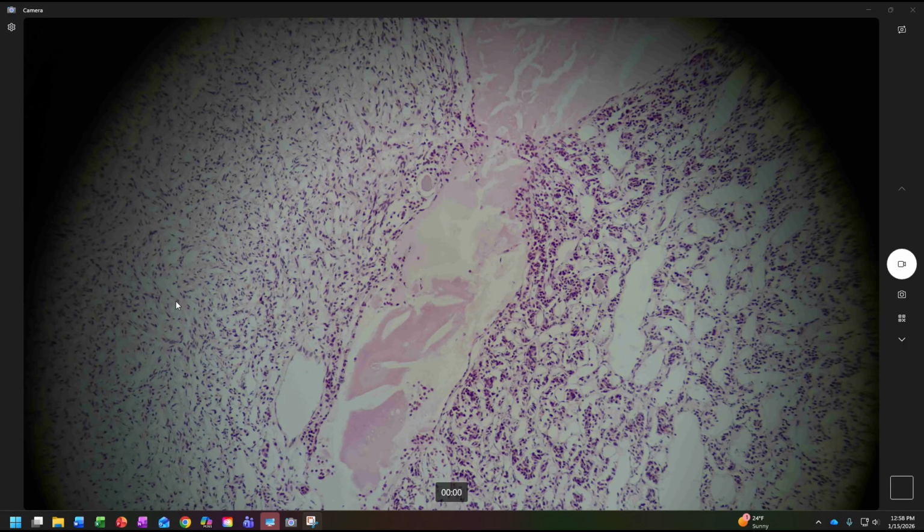That's not necessarily always going to be consistent. It may just be that the way the person making the slide sliced it, cut it and mounted it, the anterior ends up on this side and the posterior on this side.